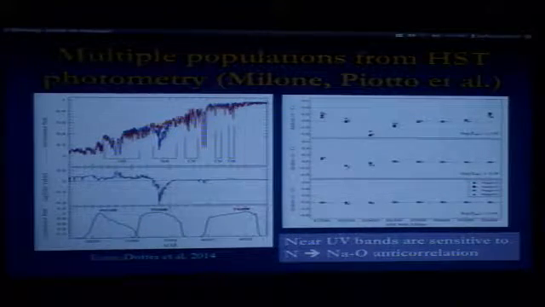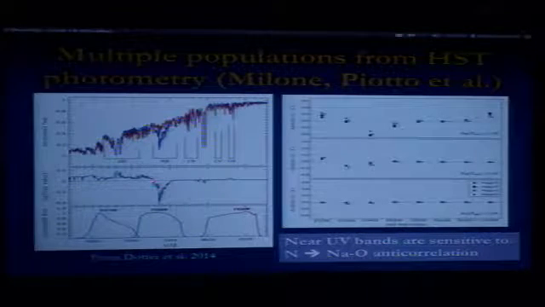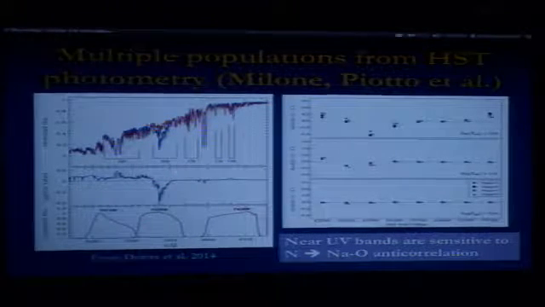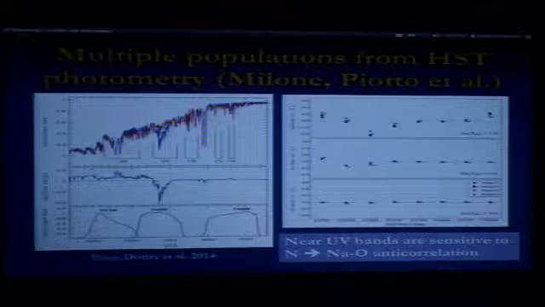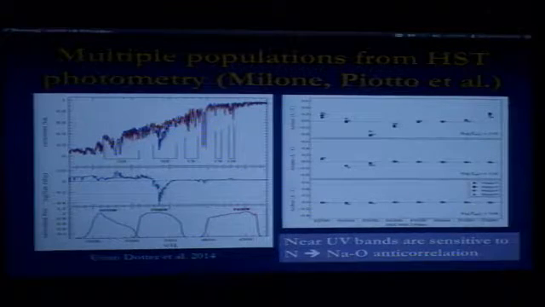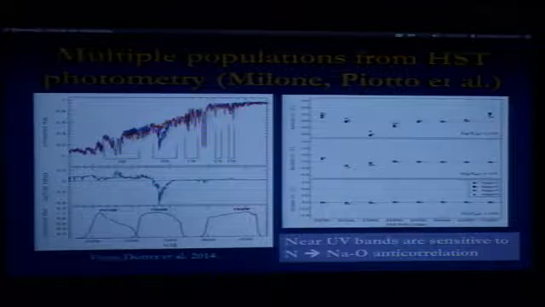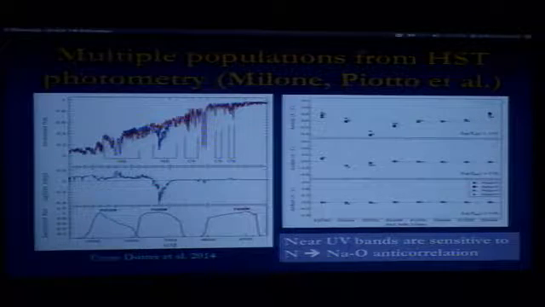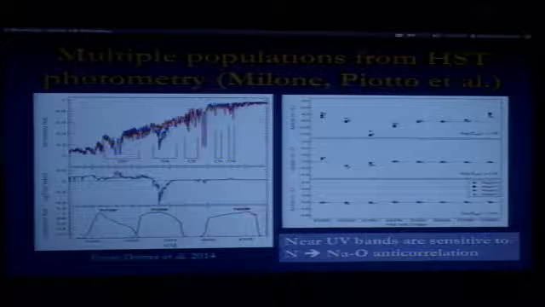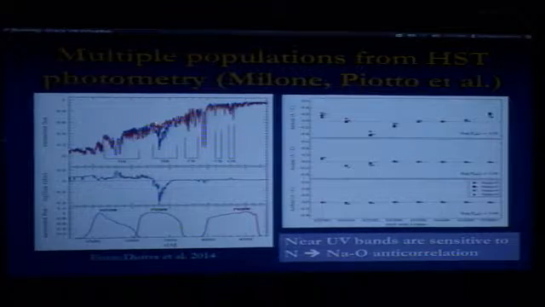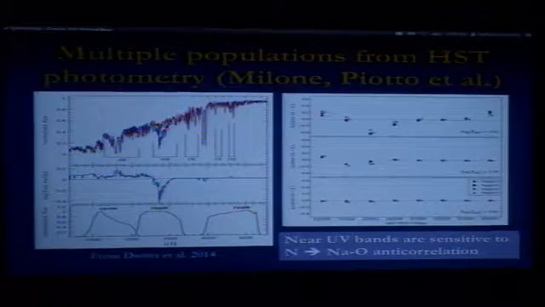They exploit the fact that there is a very strong nitrogen NH band at 3,400 angstrom that may give a strong absorption depending on the nitrogen abundance. If the nitrogen abundance is low, like in the primordial stars, the band is very weak.